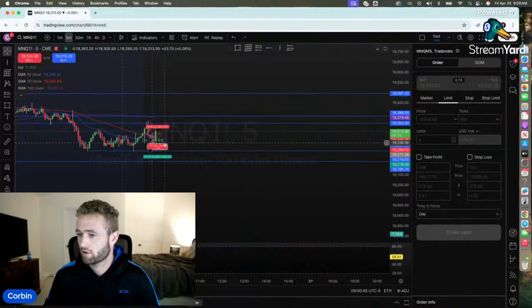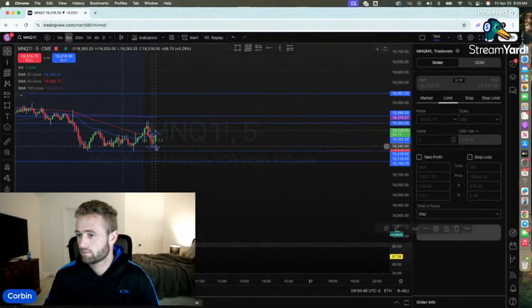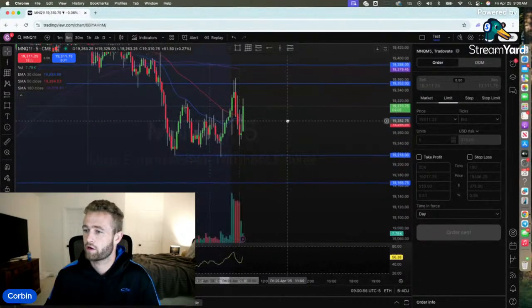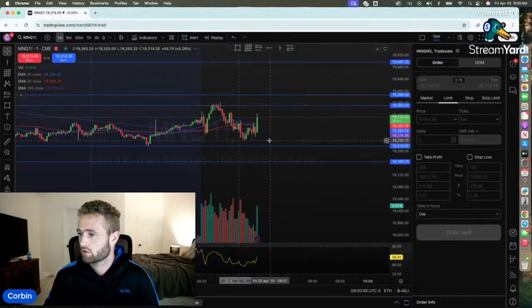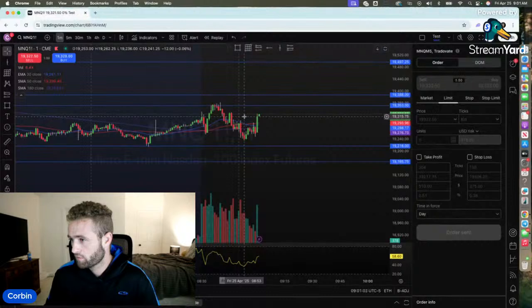Especially on the 5 day, 5 minute chart. Let's delete all these. So we did get stopped out of our first trade. We'll take a look at the 1 day, 1 minute chart. Fair value gap.